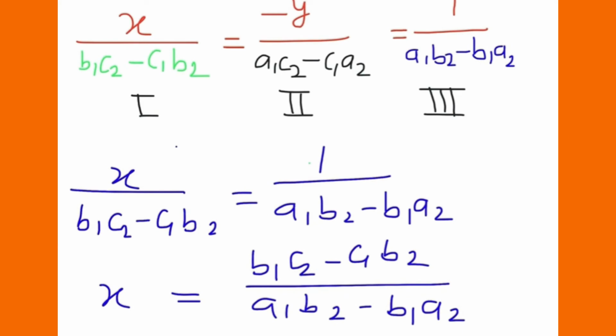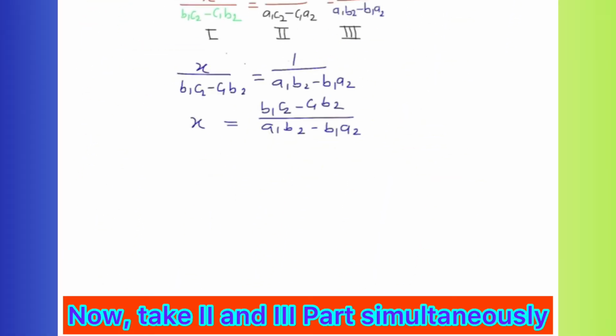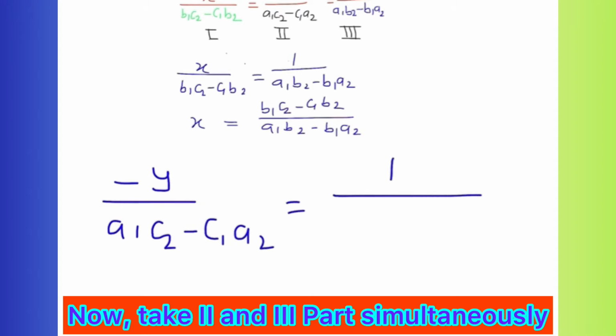Back to the second term and third term. So you will get the value of y. As you can see, it is minus y upon a1 c2 minus c1 a2 equal to 1 upon a1 b2 minus b1 a2.